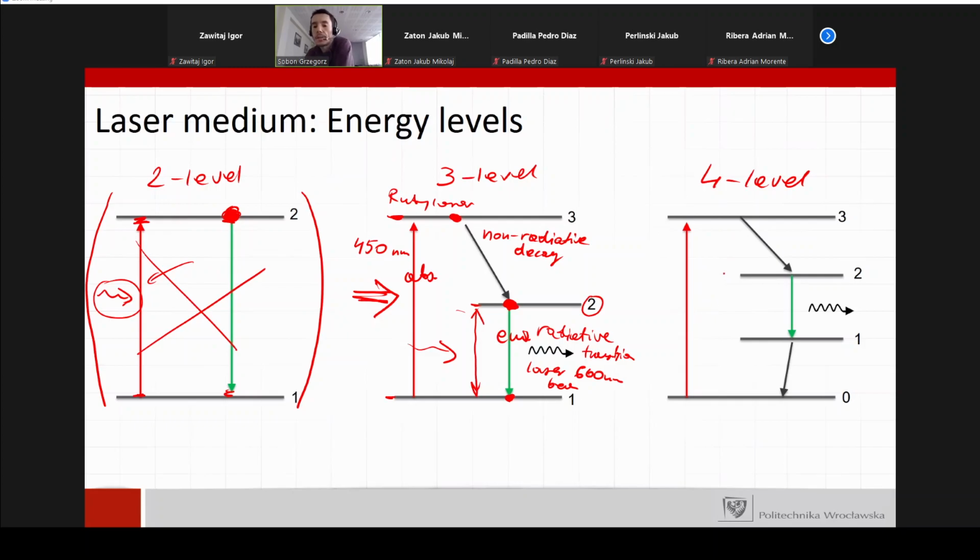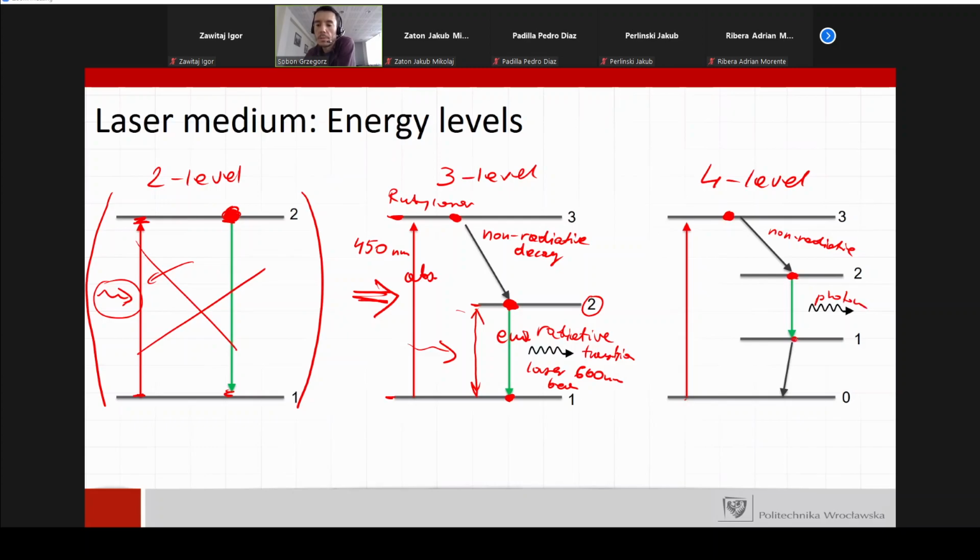Okay, and in the case of a 4-level system, we have the absorption to the third state. So we have the atom here on the upper state. Then we again have a non-radiative transfer to the second state. And here the emission of the photon occurs when there is a transition of the atom from level 2 to level 1. So we have the photon.